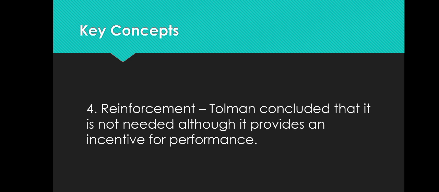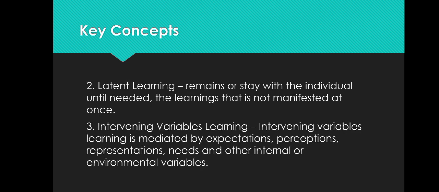So next we have another concept of Tolman: intervening variable. Learning is mediated by expectations, perceptions, representations, needs, and other internal or environmental variables. So we will find different kinds of variables for learning.